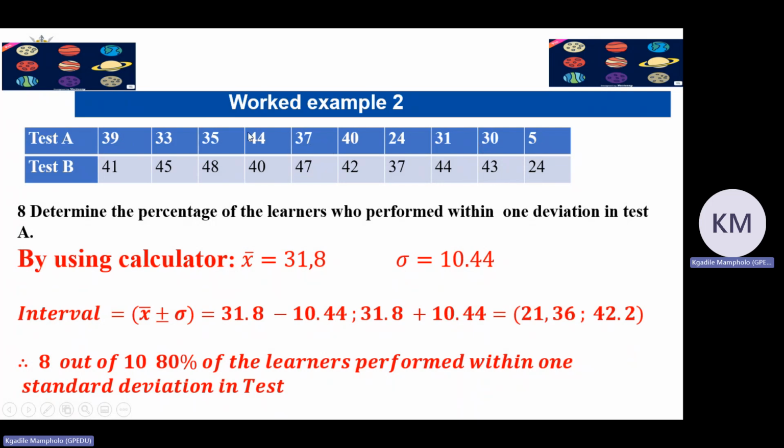Then you know that when you use the calculator, you go to mode, then you say 2, then you go to option 1, then it will give you one table.